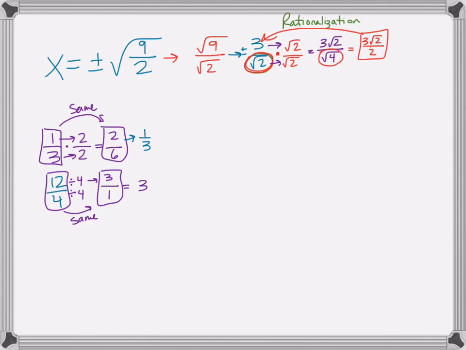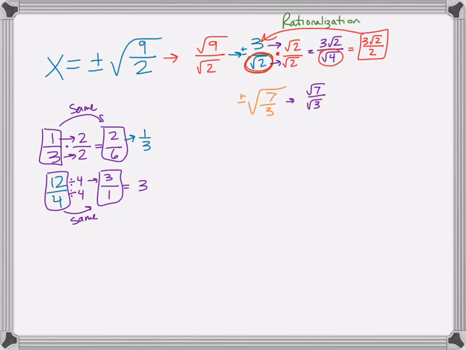Here's another example, just to give you something more to look at. Let's say I have plus or minus 7 over 3. Like I explained before, you can write it as two different radicals, radical 7 over radical 3. And remember, I can't have a radical on the bottom.